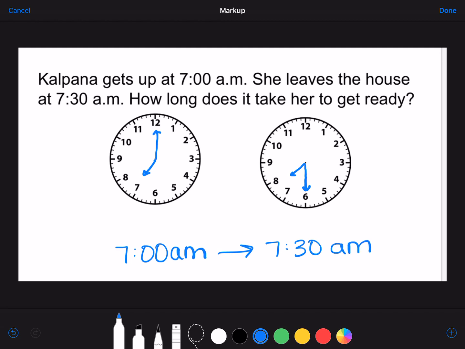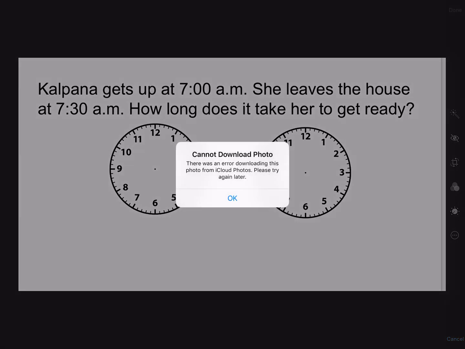So I'm just trying to see how many minutes have gone by. So in this case, I'd count the minutes. 5, 10, 15, 20, 25, 30. So we would have said that this was 30 minutes that elapsed or went by.